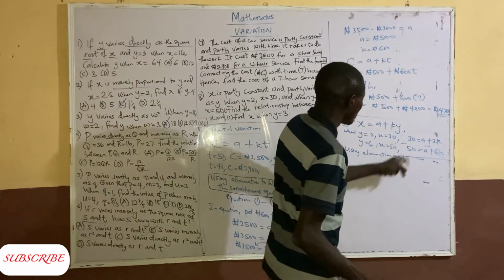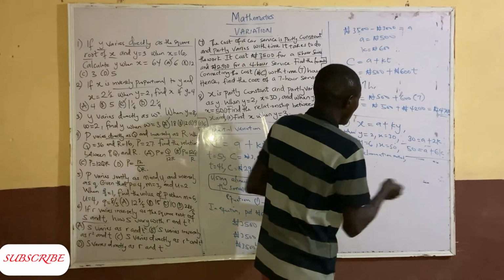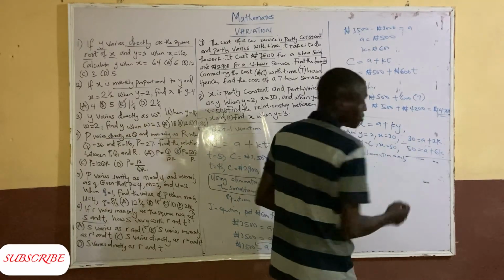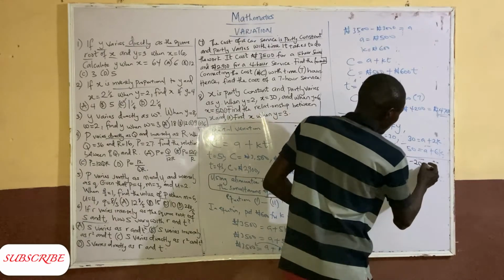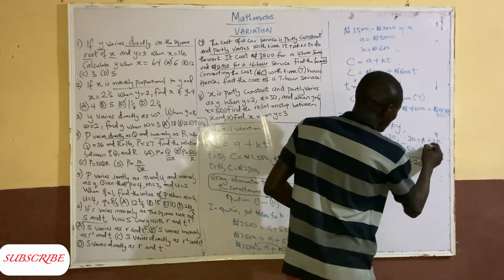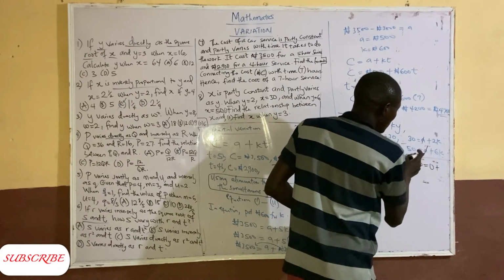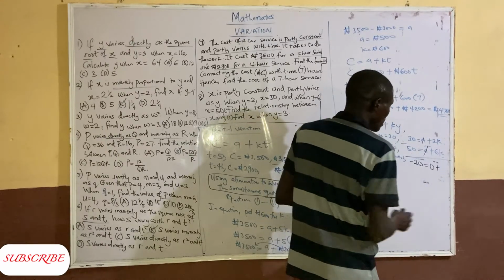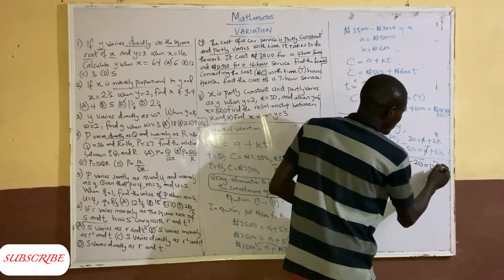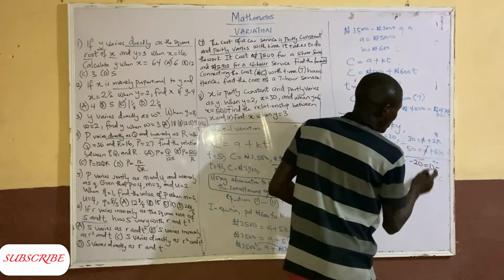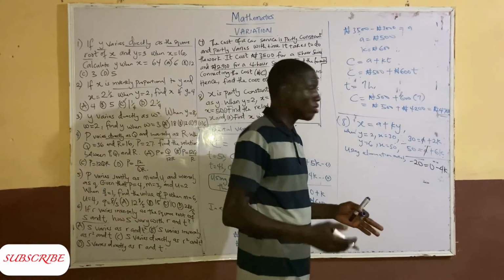So 30 minus 50 is minus 20, equal to A cancel A, we have 0, plus 2K minus 6K. 2K minus 6K is equal to minus 4K. That is 2 minus 6, so I wrote down minus 4K.